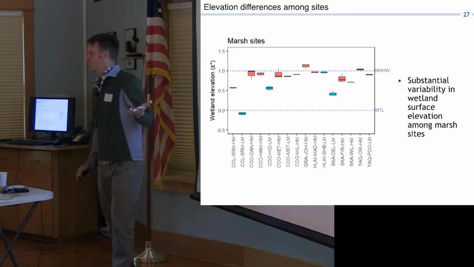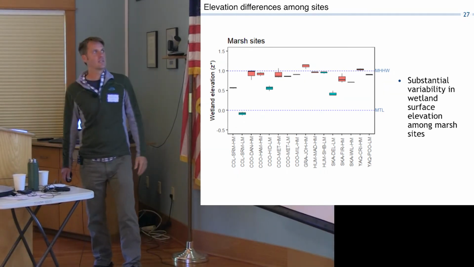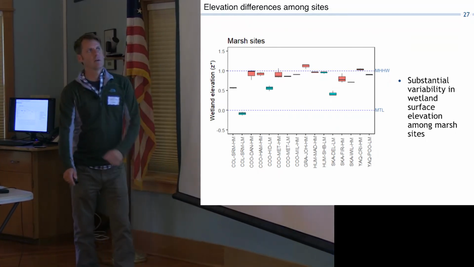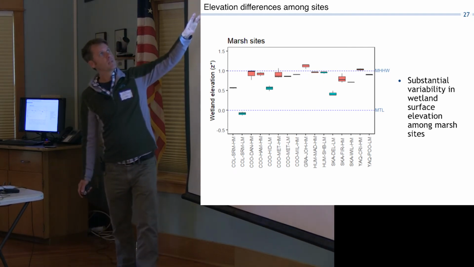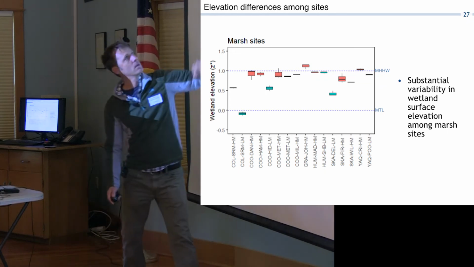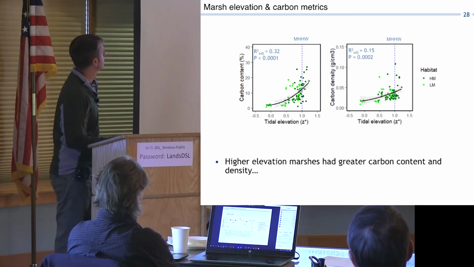And if you recall from Boone's presentation, the carbon stocks were actually quite low at that particular marsh, so we probably have a big effective elevation there. But a lot of range, and I think the Johns River one was actually our highest site of all in the tide range.